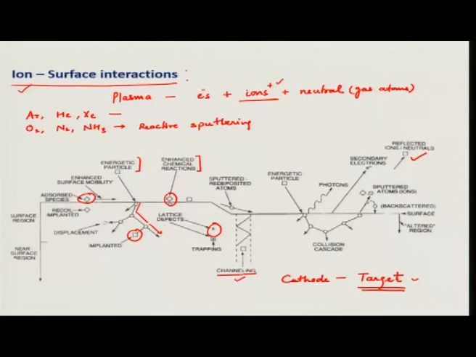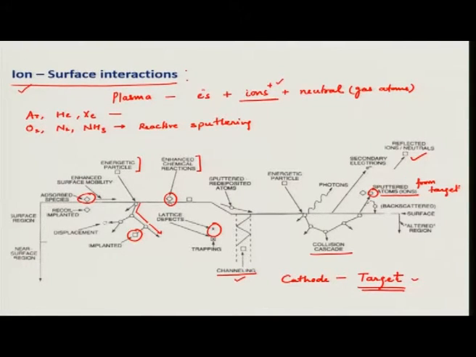Okay. Now, the process we are interested in is called sputtering, in which through a cascade of collisions these ions will result in sputtering of the atoms or ions from the target. Okay. So, it is the target material that we want to deposit as thin film.